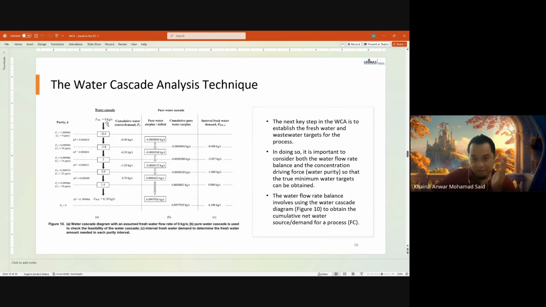For any water cascade analysis, the first thing to do is assume the system doesn't need any fresh water flow rate, meaning the fresh water feed here is 0.